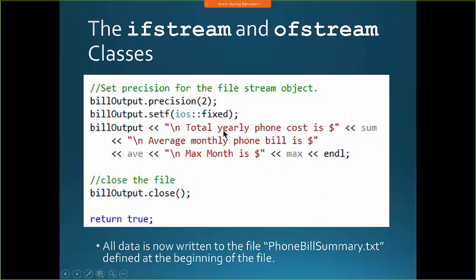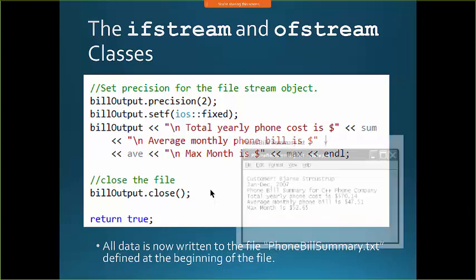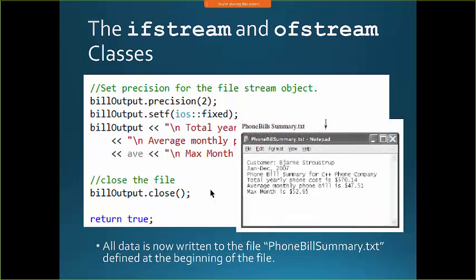And then close. So that's really just couts, if you think about it, but instead of outputting to cout, you're outputting to bill output. Does that make sense? And that's what that output will look like.